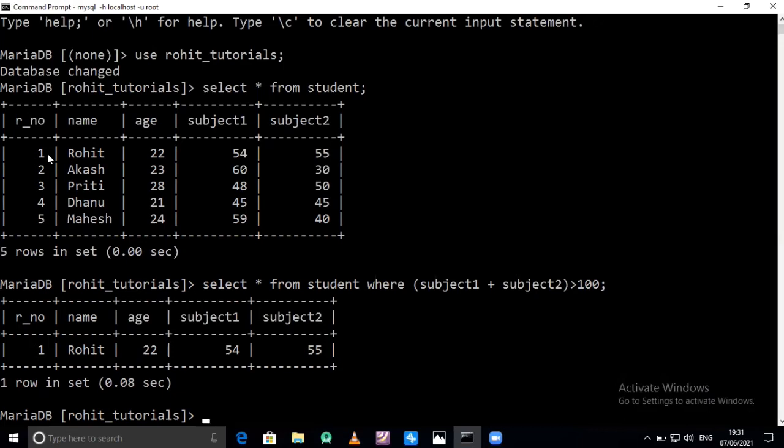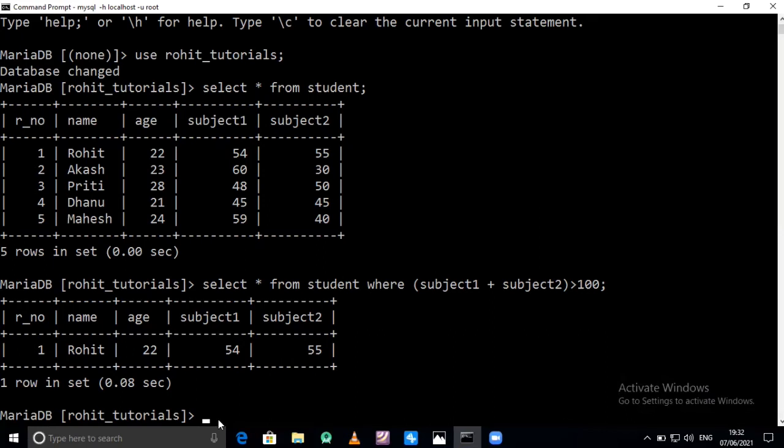Now the second operator, subtract. With the help of the subtract operator, I retrieve that information from the table having subject 1 marks minus subject 2 marks less than 10.